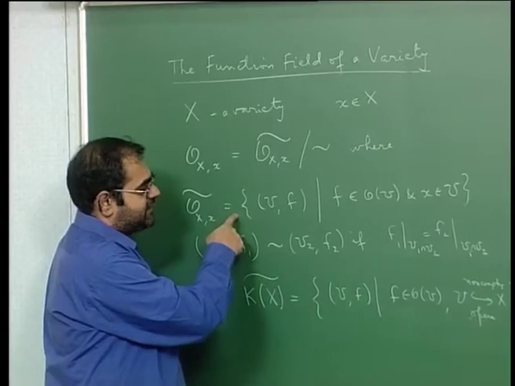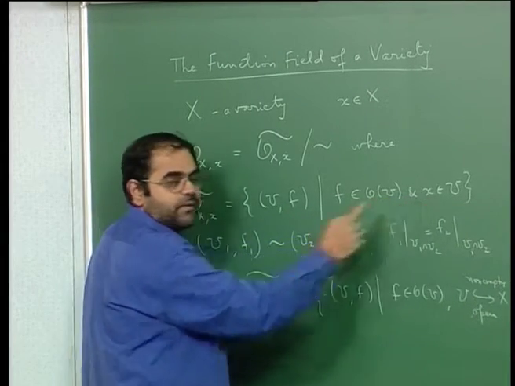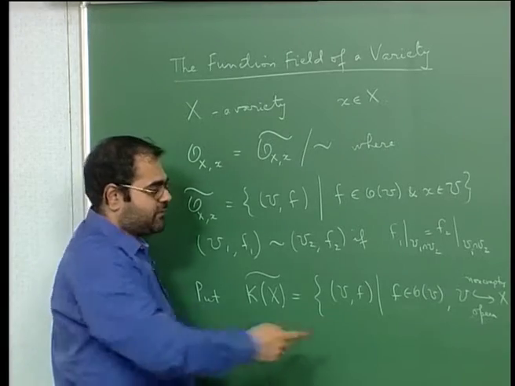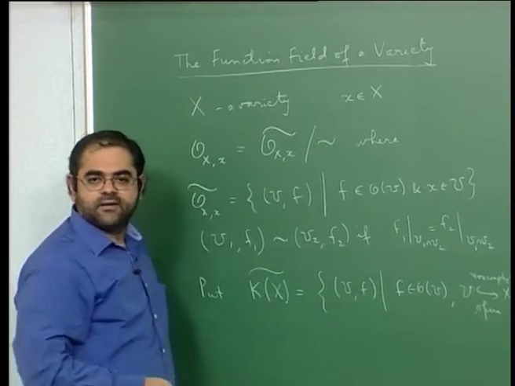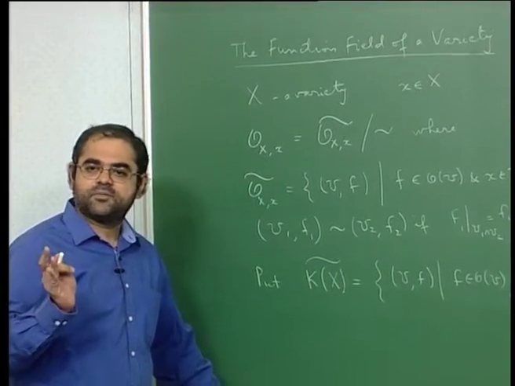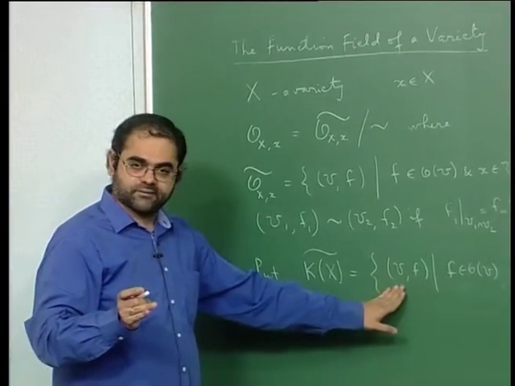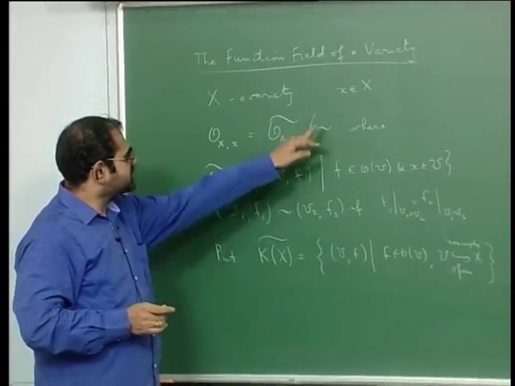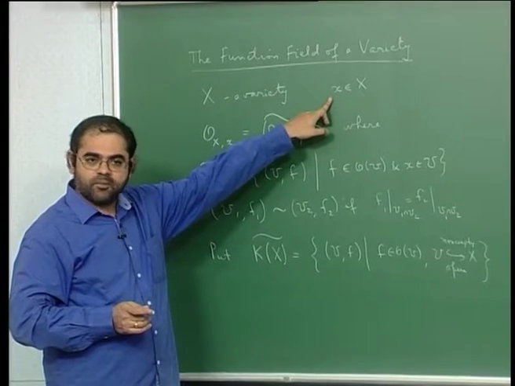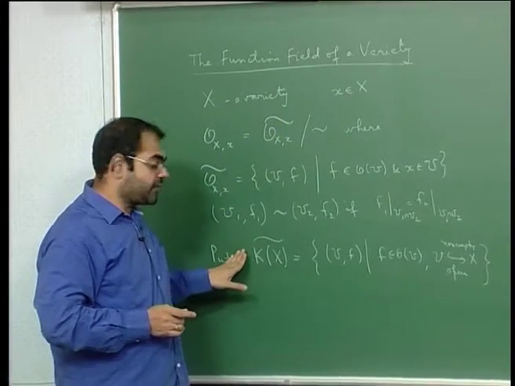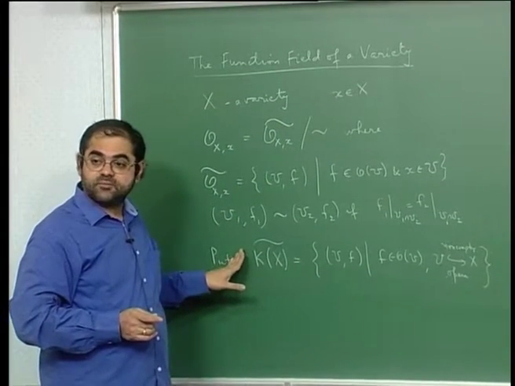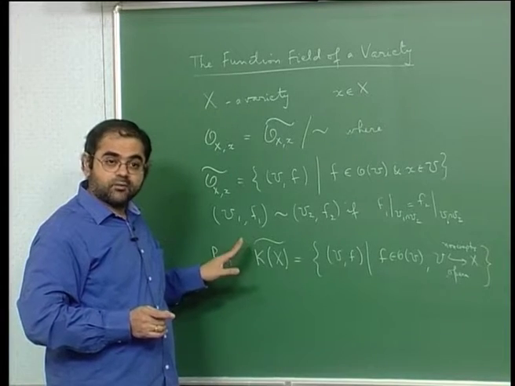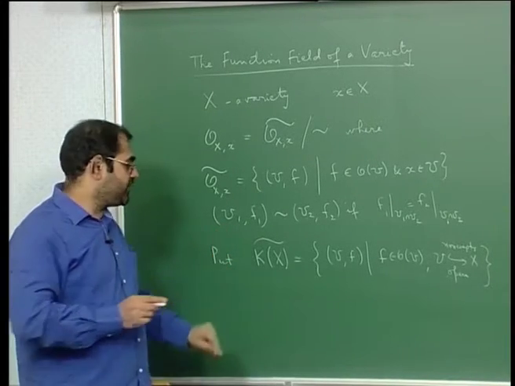The difference is that here you are only taking open neighborhoods of the point small x, but here you are simply taking any non-empty open set and a regular function on that. So you just drop attention to a point and lo and behold, you repeat the same procedure, and what you get is not a local ring, you get a field.